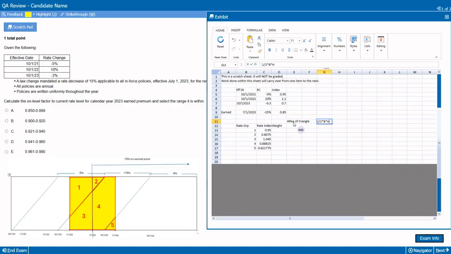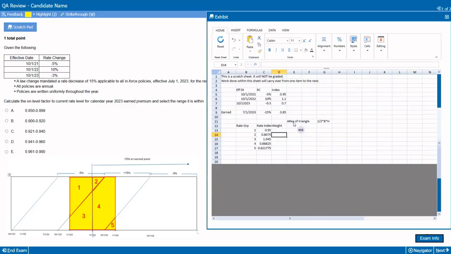And the base is the written percent of the year that's written, and the height is the percent of the year that's earned. And I'm going to start with the two sections that are actually triangle shaped. So sections 2 and 5.